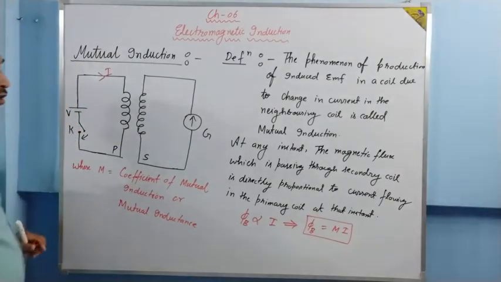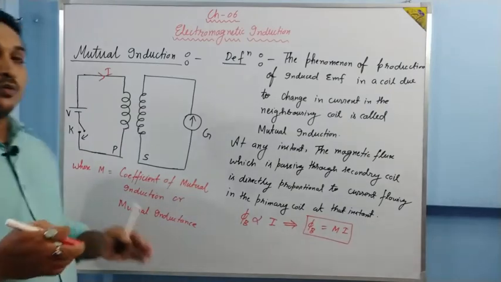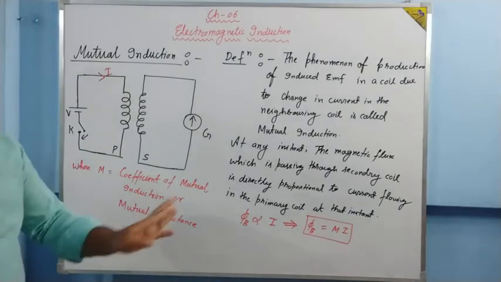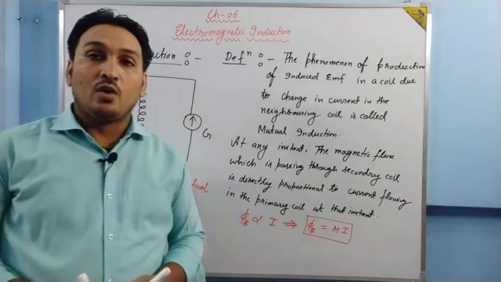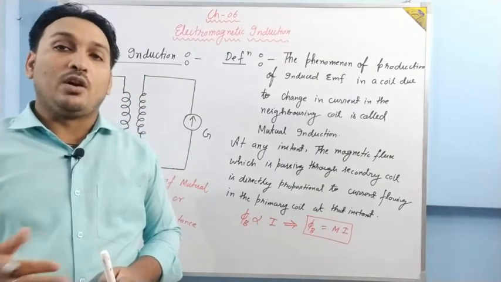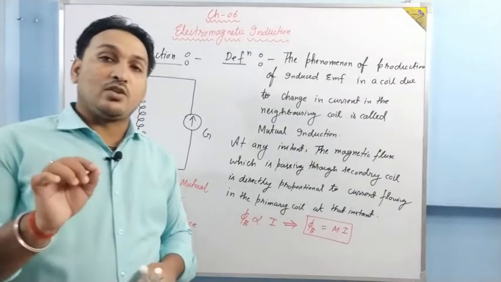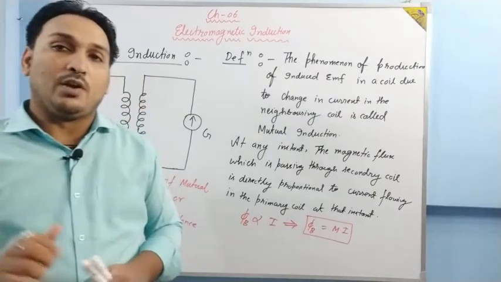Later on we'll try to know for two different coils what factors this mutual inductance depends upon. But here this proportionality constant is called coefficient of mutual induction or mutual inductance. It is constant for a pair of coils.